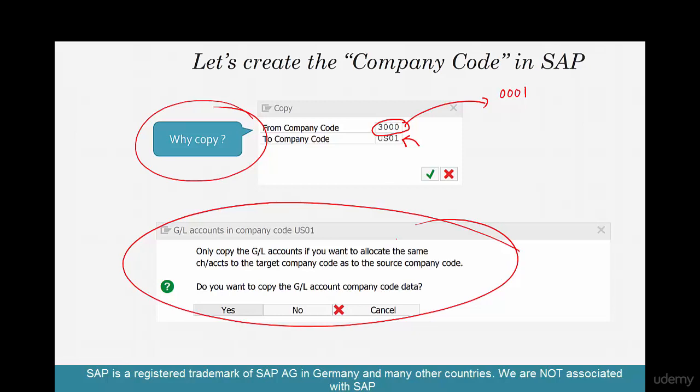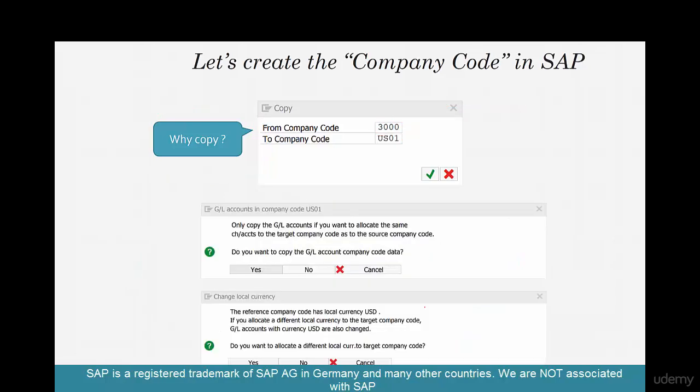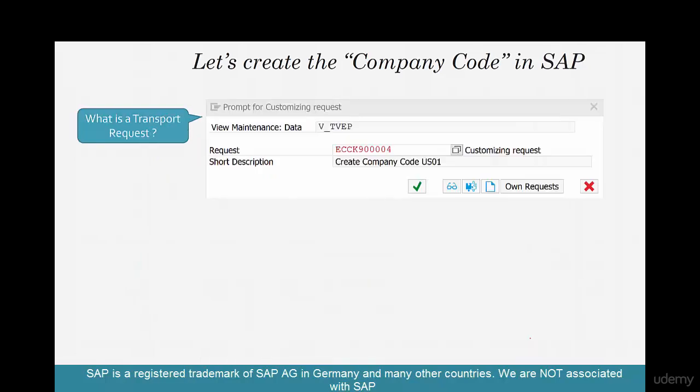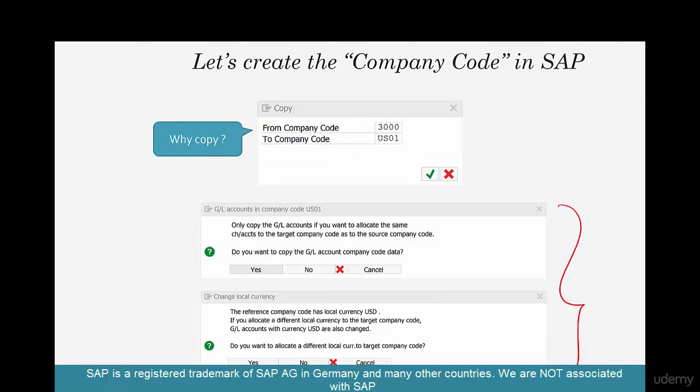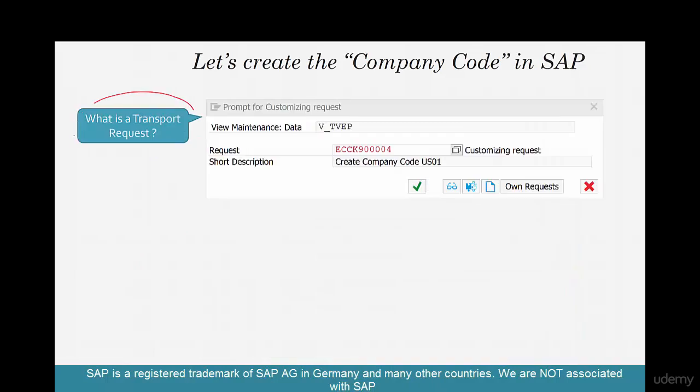Click yes for copying GL account data and click no for assigning a new currency. Again, don't worry too much about these options because, like I said, this is an activity that your finance consultant does for you. But since we don't have anybody here to help, we are doing the company code creation as well. And then we have created a transport request and assigned the transport request to this change.